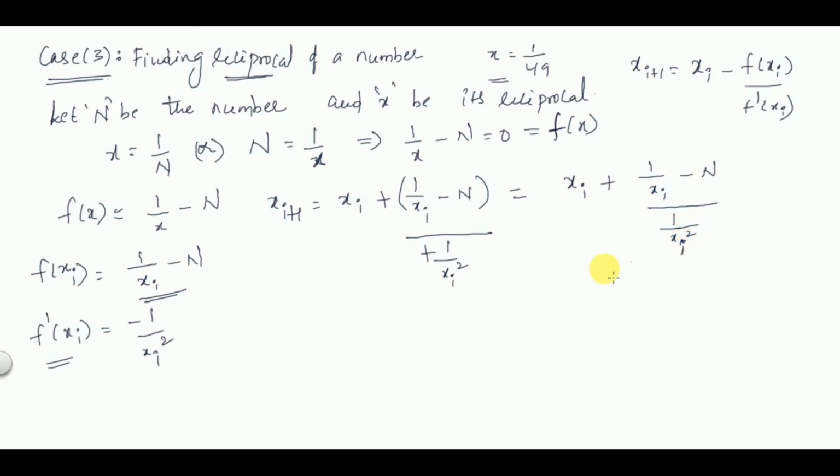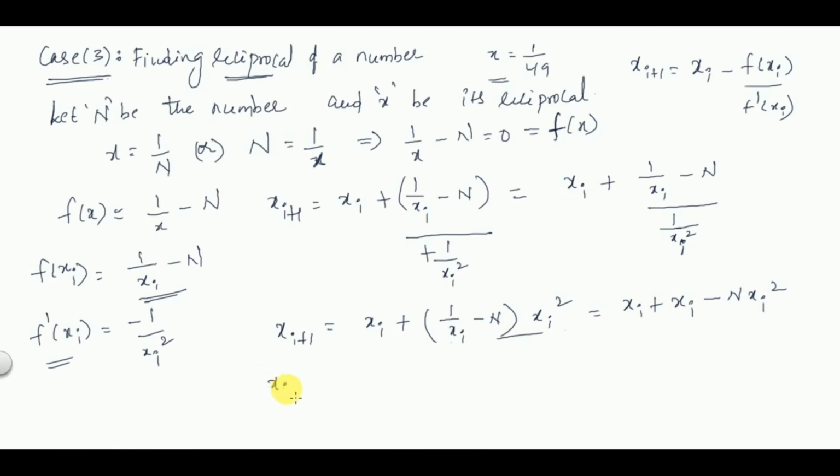If you take 1 by x square to the numerator, it becomes xi square. So 1 by xi multiplied by xi square will become xi, minus n into xi square.